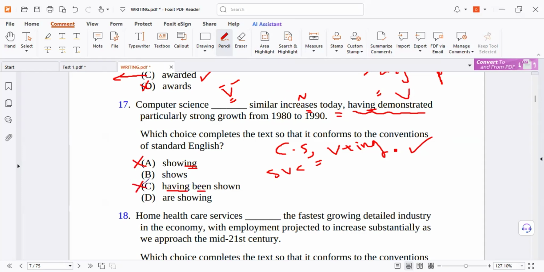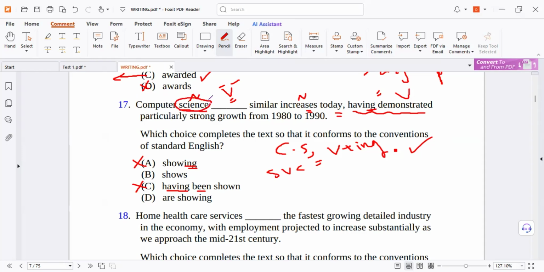Now between B and D, go and find the subject. Is the subject computer or science? So what shows or show similar increases today? The science of the computer. So we test you for compound nouns. Compound noun, Omar, focus on the second noun.